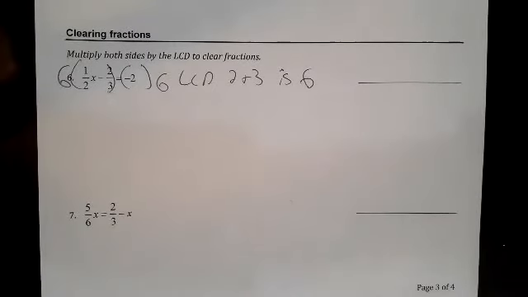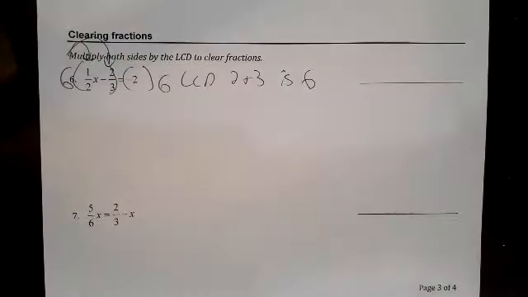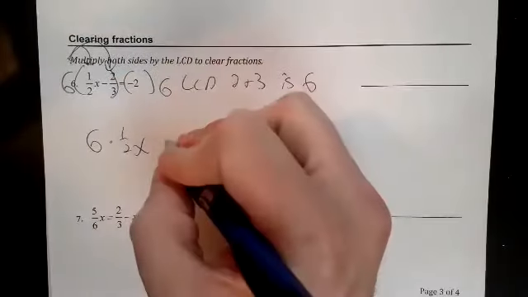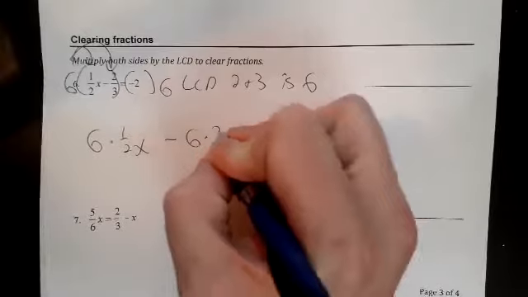And so if I multiply both sides by the LCD, I'm going to have to do some distributing. So the left side looks like 6 times 1/2 x, and I have a minus 6 times 2/3.